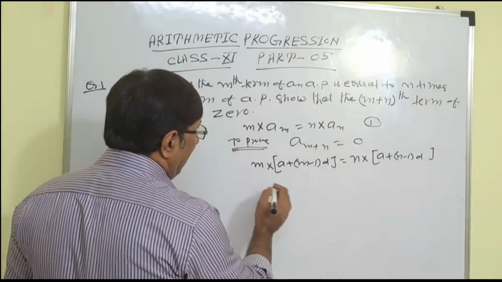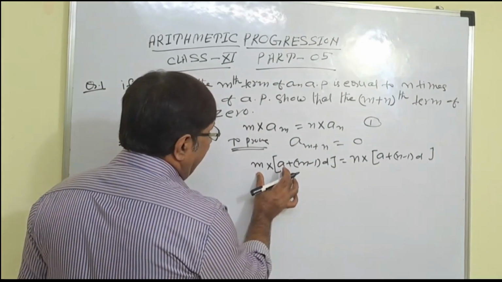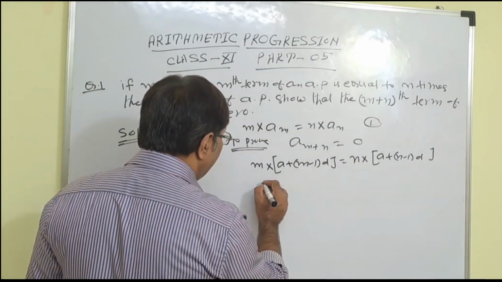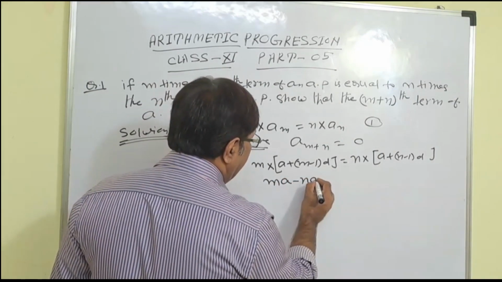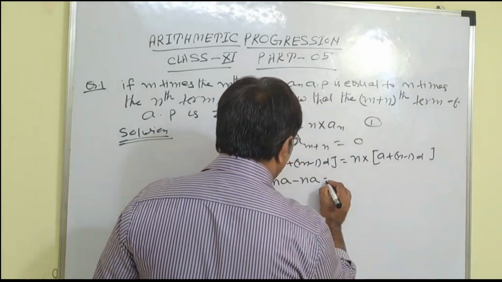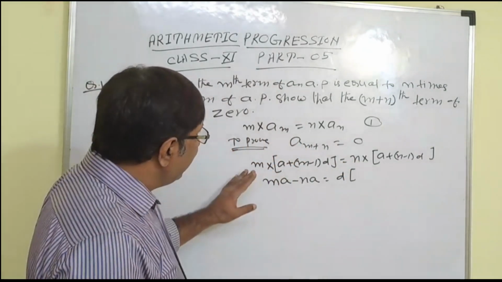Okay. So now we can write very easily: this is ma and this is na. So we can write ma minus na, and this is equal to d taking the common.